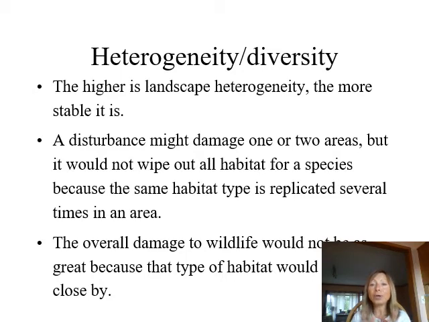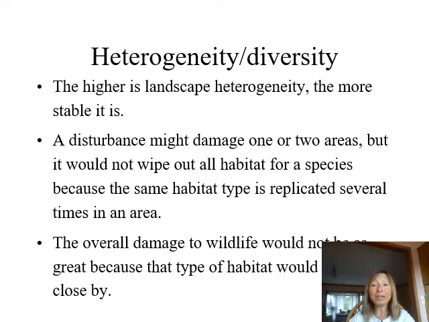And so when the landscape is exposed to disturbance, such as landscape fragmentation, this disturbance might damage one or two areas, but it would not wipe out the entire landscape pattern, and it would not wipe out all habitat for species who live there, just because there is enough diversity, there's enough complexity within the system. So the more heterogeneous is the area, the more resilient it is to those disturbances.